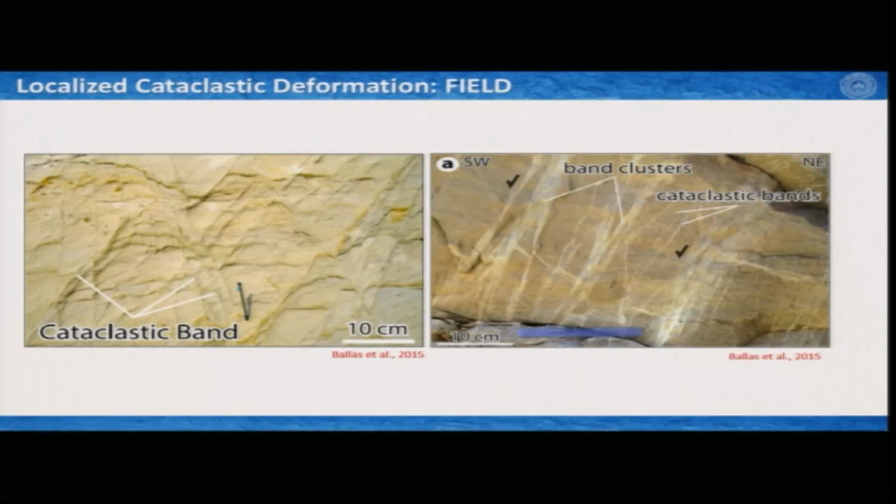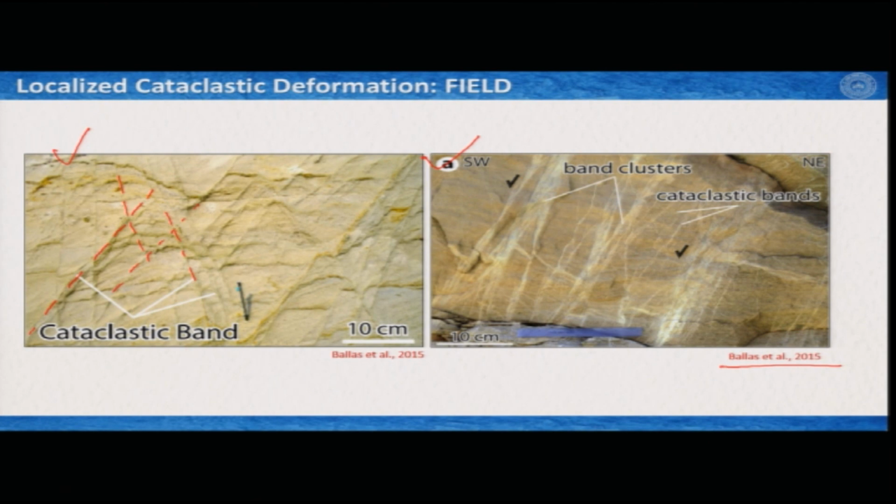In both examples, this one and this one, the host rock or the country rock is sandstone. This I have taken from a very recent publication from Byerlee, 2015. And what we see here, we have learned the conjugate shear fractures, if you remember. So, we see that two sets of conjugate shear fractures are there, and these are known as compaction or cataclastic bands.